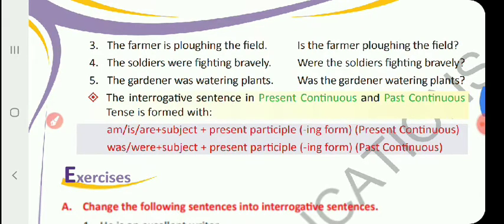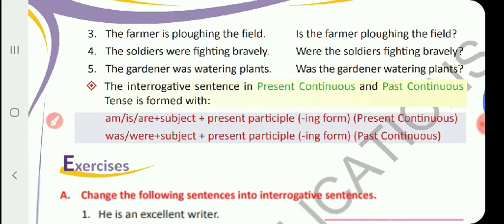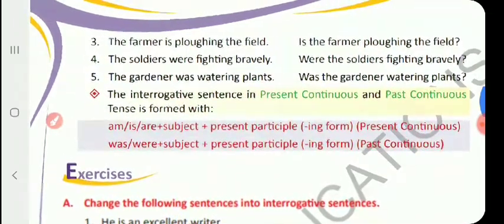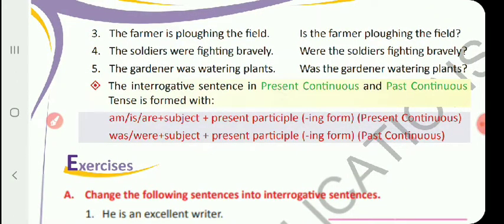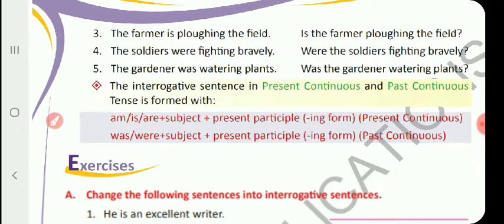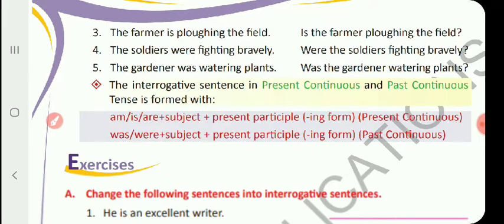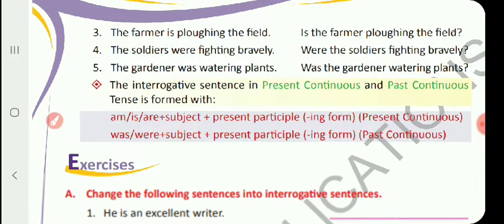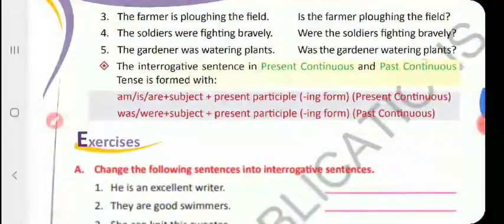Now another example I will give you: she was dancing. So how will you change it? Was she dancing? Now the second one, the soldiers were fighting bravely. If the subject is plural in past continuous, then please take the plural verb were plus subject plus present participle form of the verb, that is the ing form.